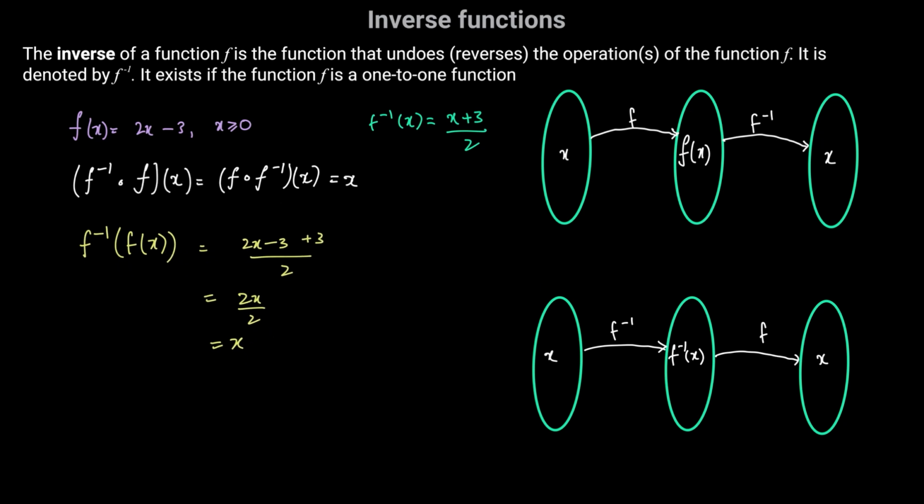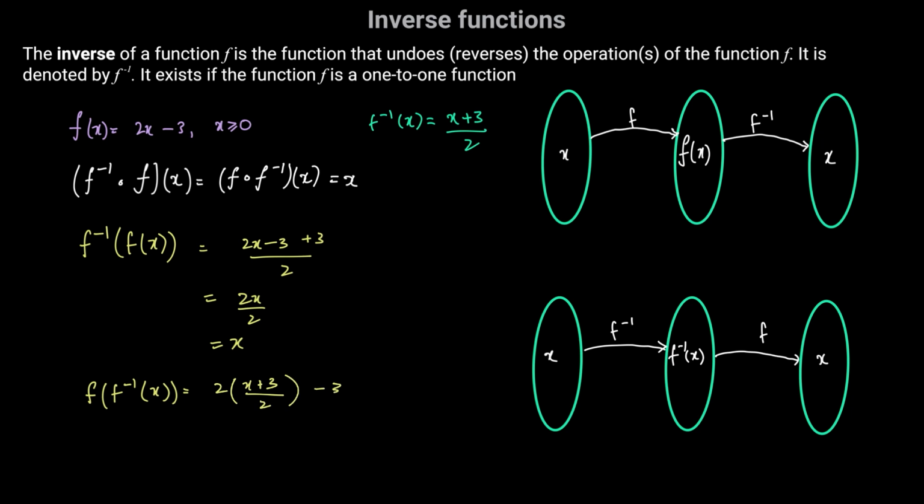Now let's compute the next composite function, that is f f inverse of x. Here we're going to be taking the function f inverse as the input in the function f. So we know that f of x is equal to 2x minus 3, but now instead of x being the input, it will be f inverse of x. So what we have over here is 2 times the input, so that'll be 2 times f inverse, that is (x plus 3) divided by 2, minus 3.